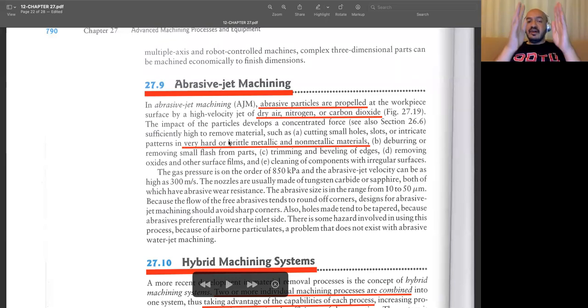So at this high speed, these abrasive particles are hitting the workpieces and removing material, opening some grooves or different shapes on our workpiece. And again, we can use this process on metals and non-metals, on brittle parts, on harder workpieces. So it's another solution for such difficult materials.